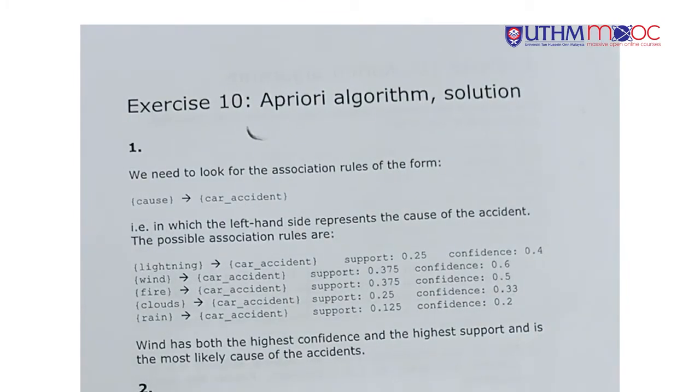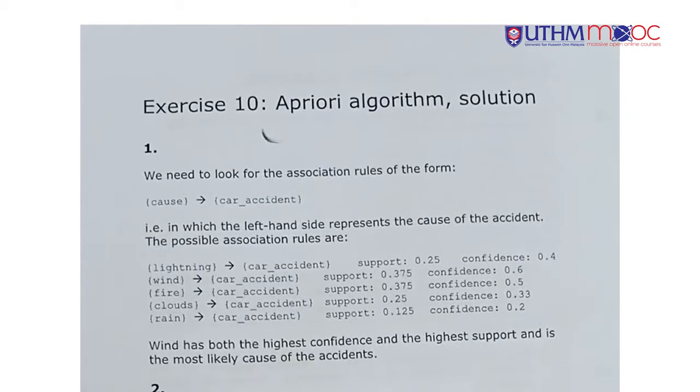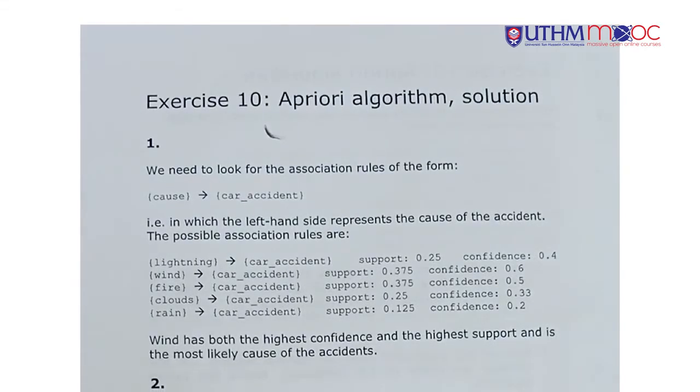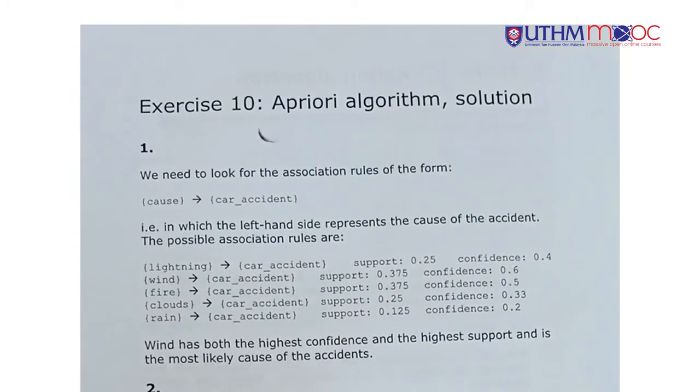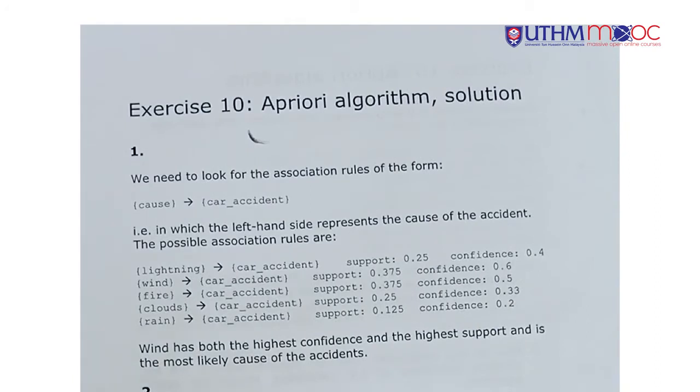These are all the items: cloud is an item, wind is an item, lightning is an item. We find the support for each item, and we find those that appear more than 60%, because the value given in the question was 0.6.